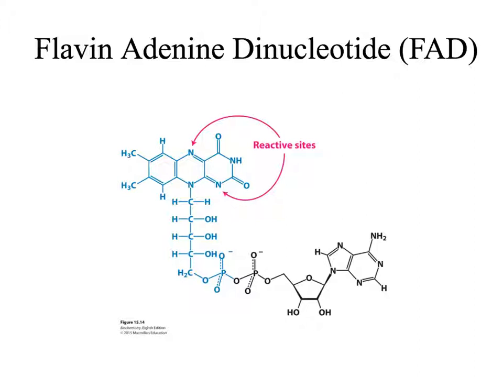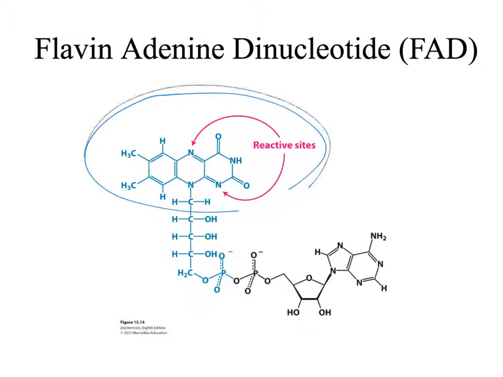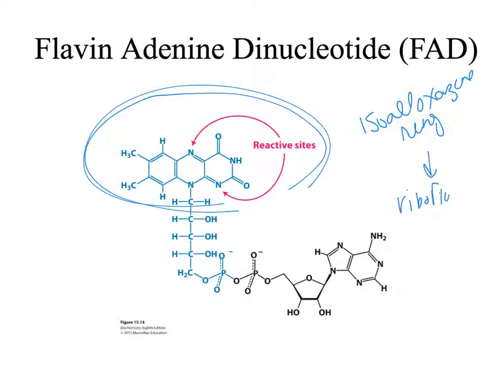The reactive site is up here, this ring structure, which is referred to as an isoalloxazine ring. It is derived from riboflavin, which is another vitamin. So that's the reactive portion.